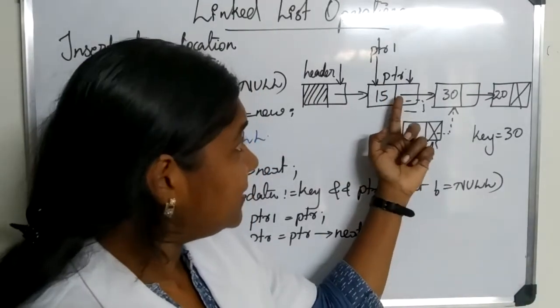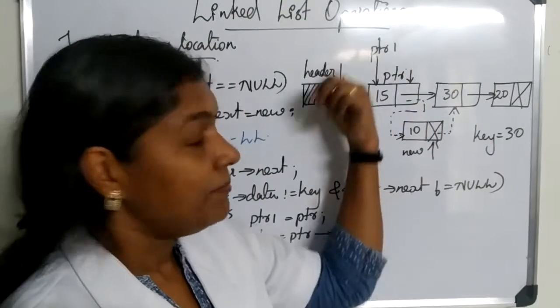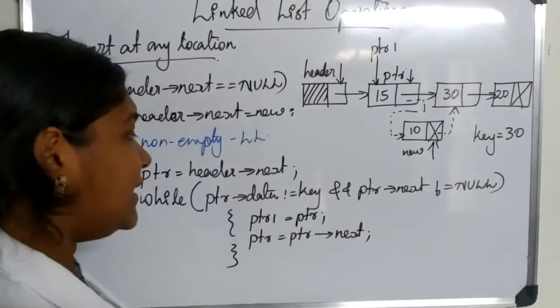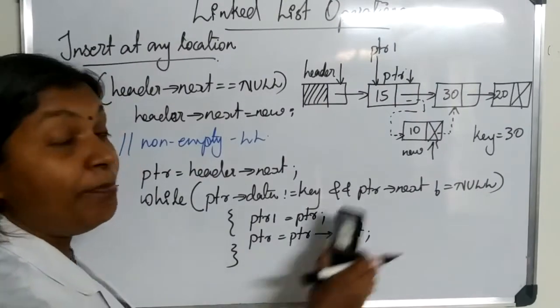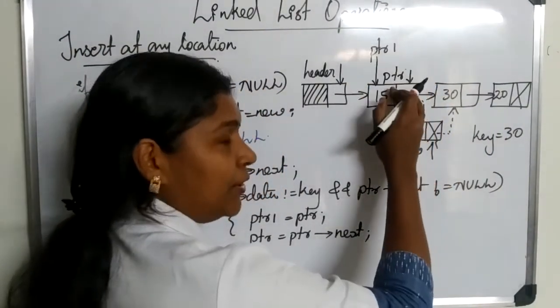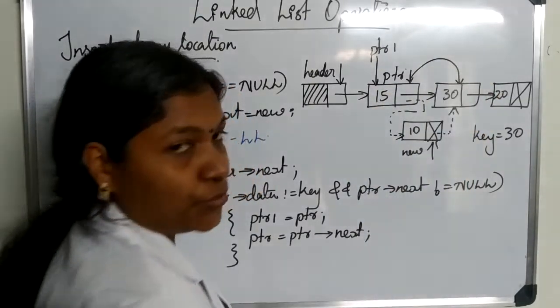Right here, the name of this node is ptr already, and we are making another pointer ptr1 to point to this node. And what is the next step? ptr is equal to ptr dot next. That is, after making another pointer point to this node, we are moving ptr from here to the next node.